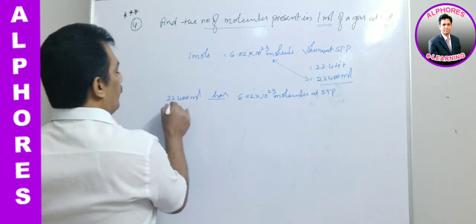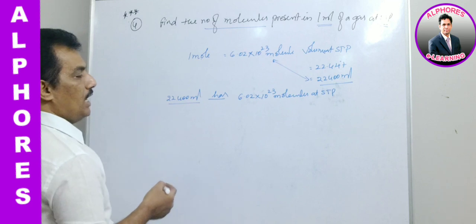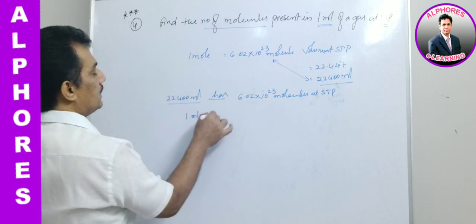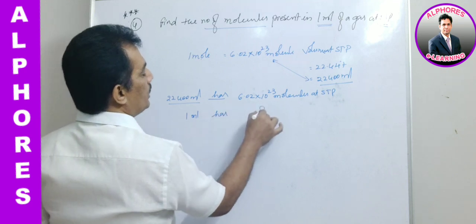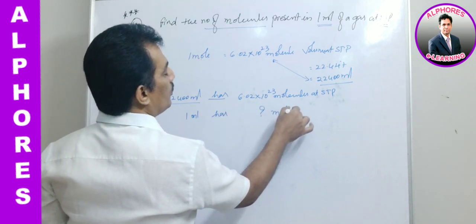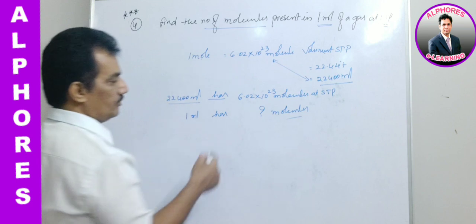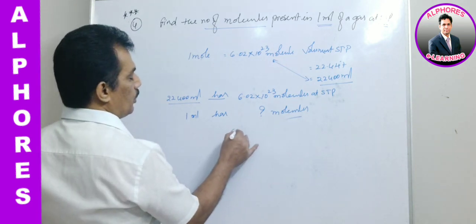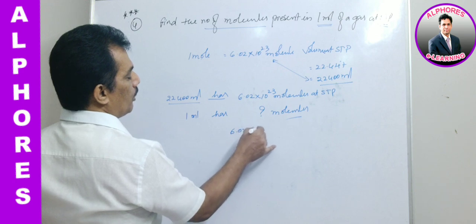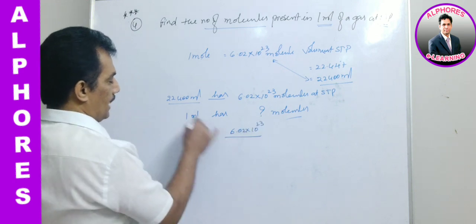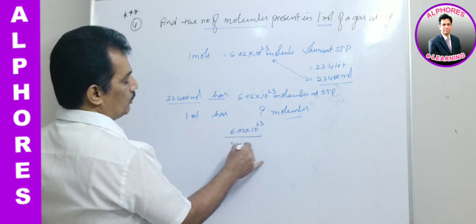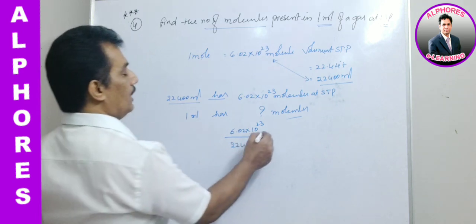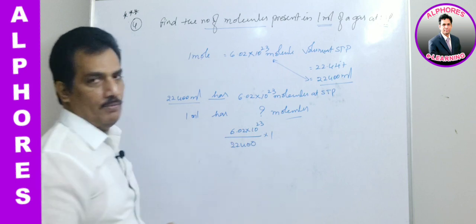And now then when 22,400 ml has this number of molecules, 1 ml has how many molecules? I think now you are in a position to solve the question. How to solve? Just 6.02 into 10 to the power of 23 by 22,400, because this number is present in this volume, into 1, because we require 1 ml.